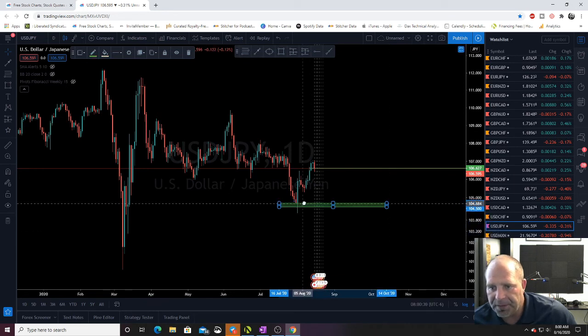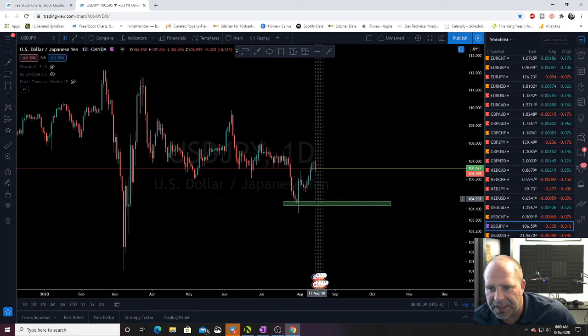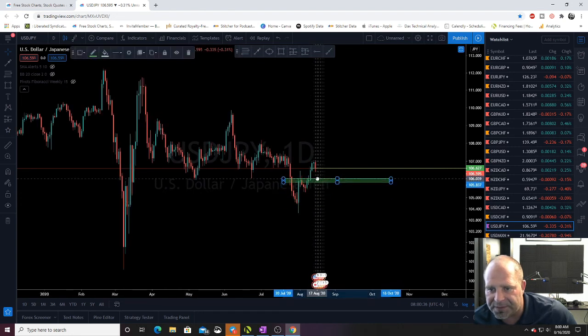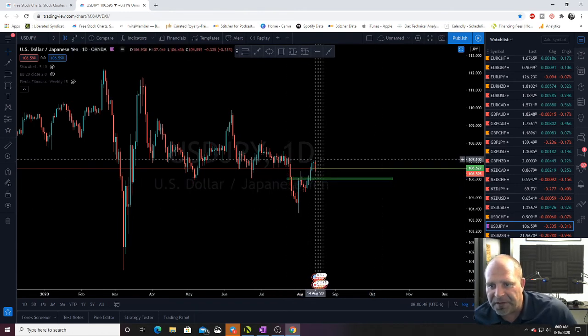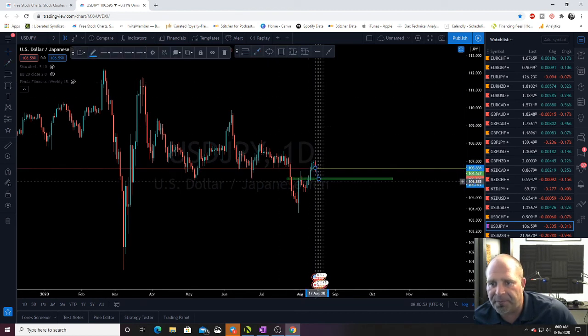We could go a little tighter on it. Actually, let's do where we saw some resistance right here down that pullback. But we finally broke through. So we could drop, and I want to look bullish there.